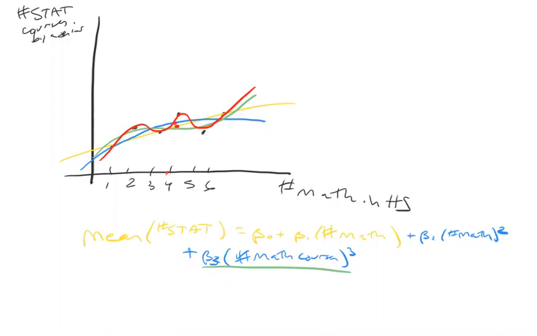Again, the more polynomial terms I add to this model, so math courses squared, math courses cubed, et cetera, the more that the curve that I'm drawing will not look like a line or even a parabola, but look like a curve that goes through the individual data points.